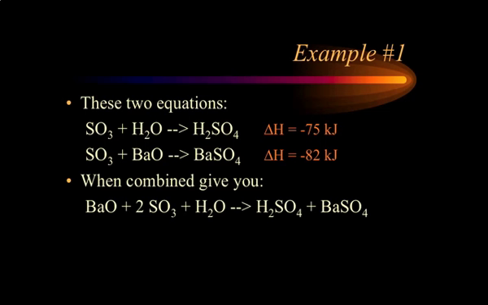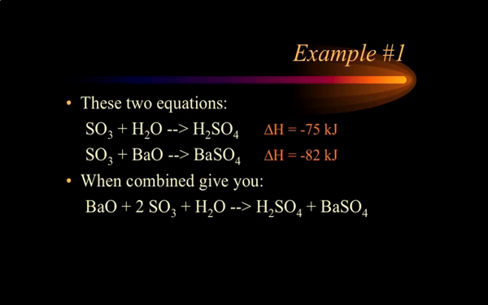So I get BaO plus 2SO3, because I had 1 mole of SO3 in the first one and 1 mole in the second one, added together, 2 moles of SO3, plus H2O gives me H2SO4 plus BaSO4.